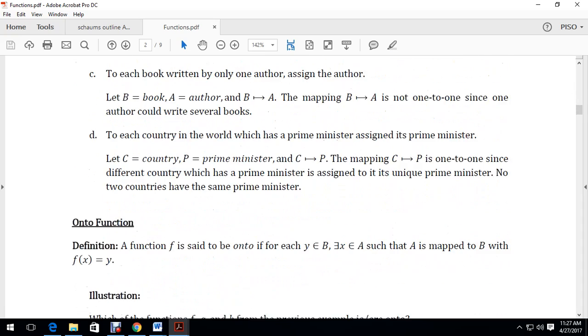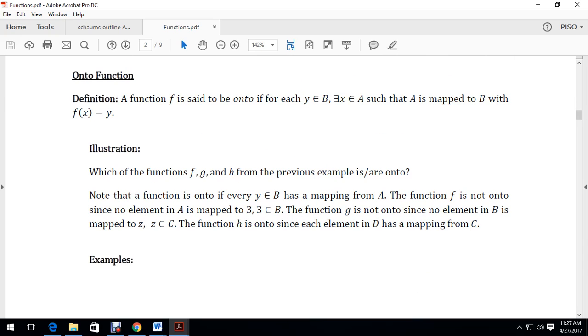Okay, so going back to the definition of an onto function, note that a function is onto if every y element in the second set has a mapping from the previous set A, for example.